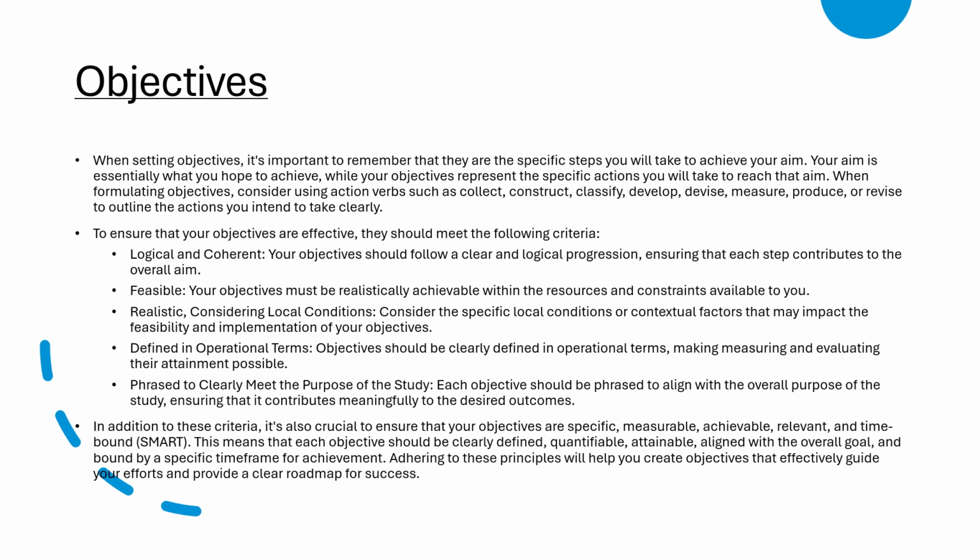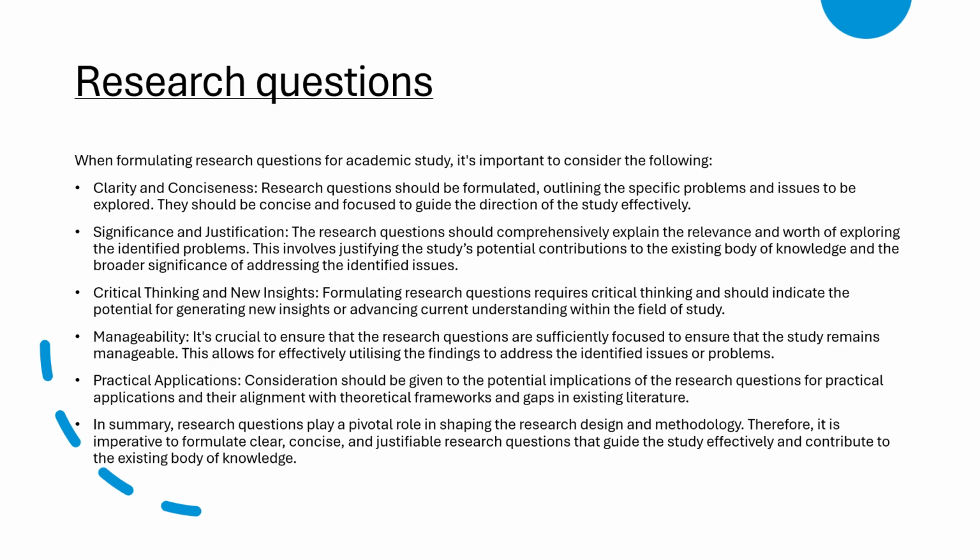Okay, the research question should also be very clear and concise. Significance and justification: you should think critically and offer new insights. Manageability is important as well, and practical application.